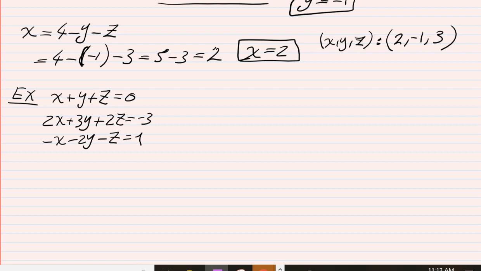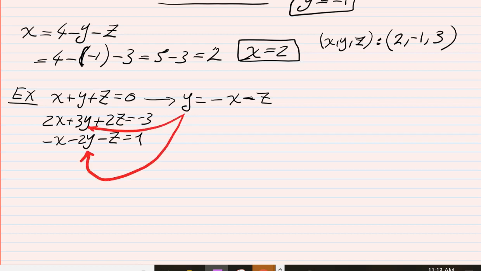We want to solve this again by substitution. Like before, let's say I want to solve for y this time, just to be different. Move x and z to the other side, or subtract them from both sides. Then I'm going to substitute for y in here and in here. That's what we're going to do next, substitution.